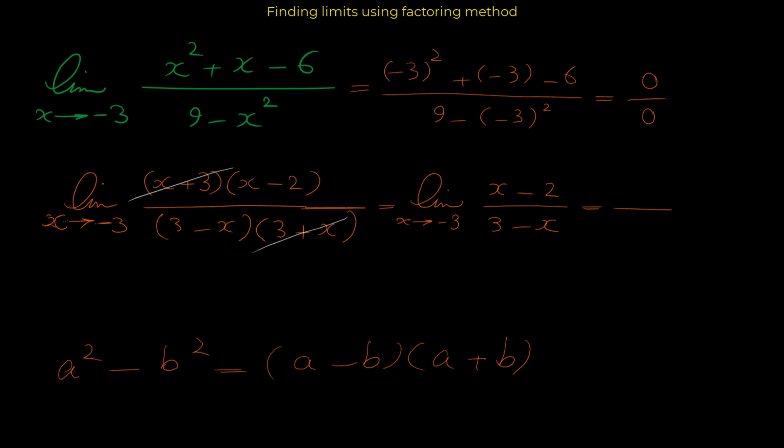Substitute negative 3: in the top, negative 3 minus 2 is negative 5, and 3 minus negative 3 is 6. So the limit of this expression as x approaches negative 3 is negative 5 over 6.